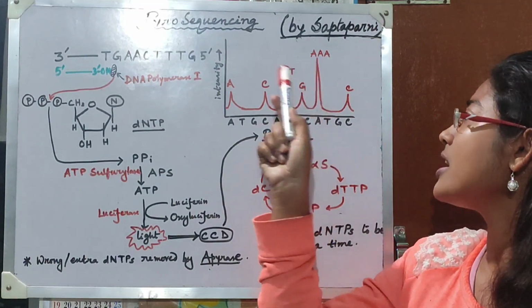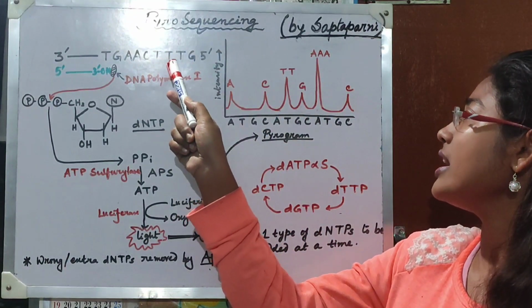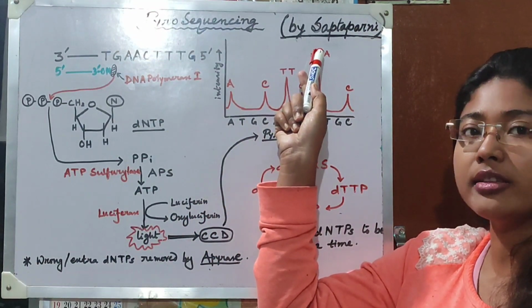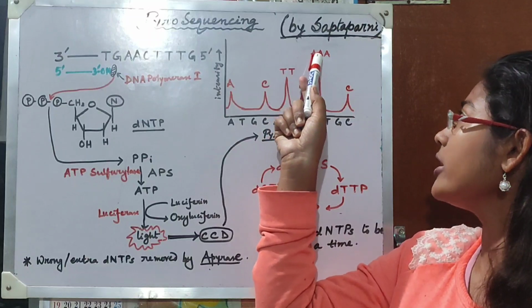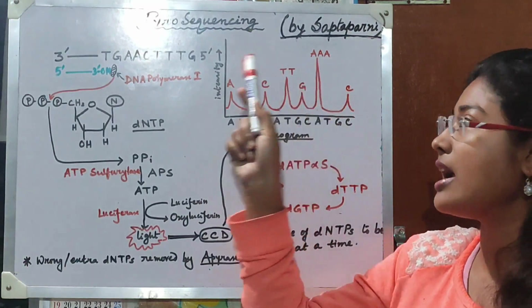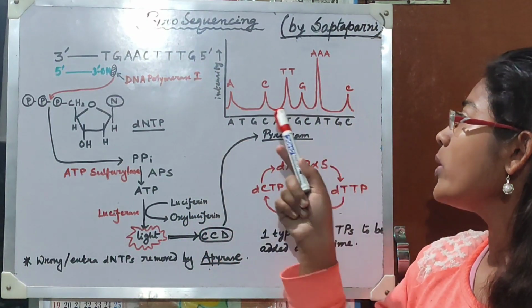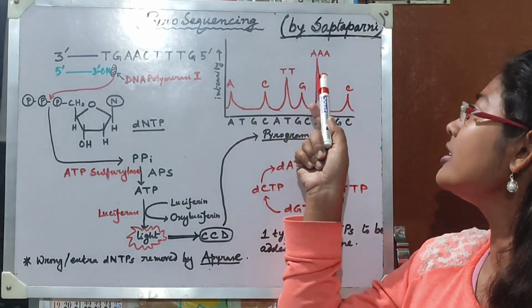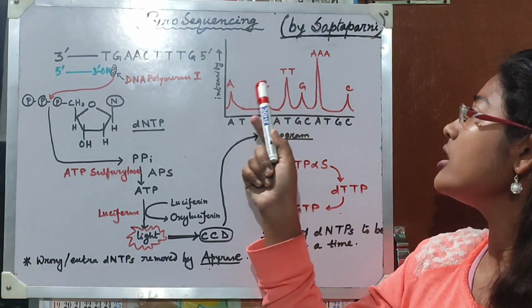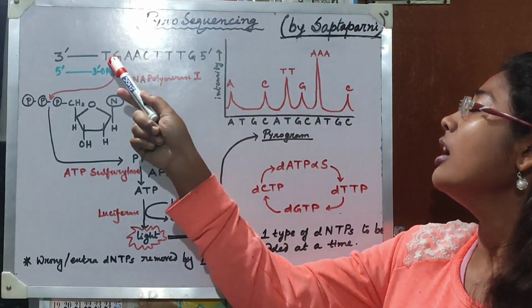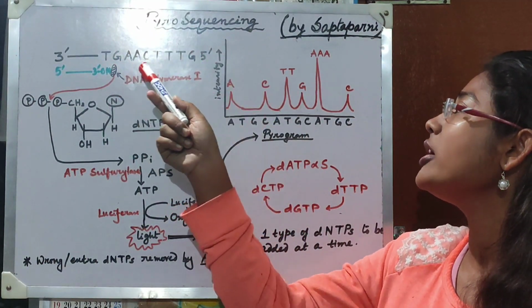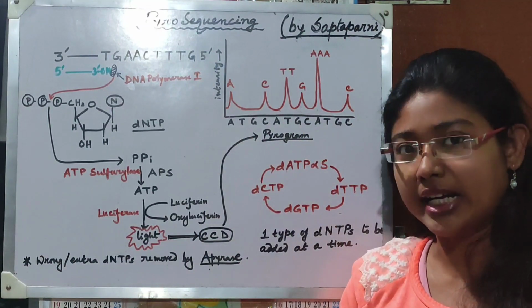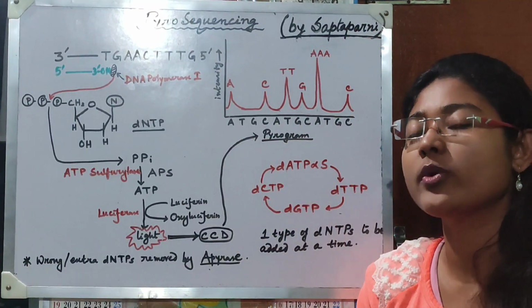See here dATPs are added and 3 adenosines will be added here, and the peak is longer in height, okay. So as 3 A's are added here, okay. In this way, the process will run, and by examining the peaks, you can assess the sequence or order of dNTPs present in your template DNA or target DNA, and that is how pyrosequencing works.